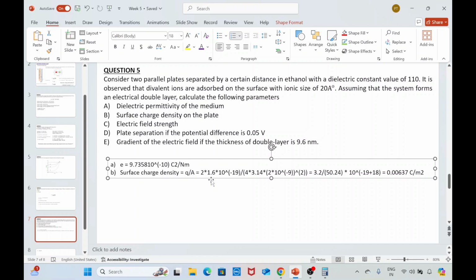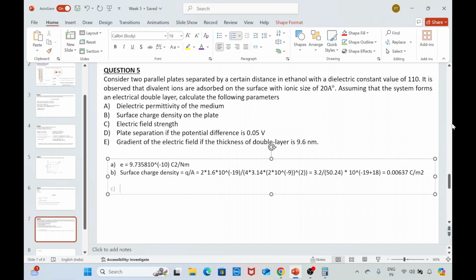The reason why I gave this here is because once we solve this, you will be able to recollect what we did in the week 1 live interaction session. So it's just for revision and recollecting what we have previously learnt. So this is the dielectric permittivity and the surface charge density.